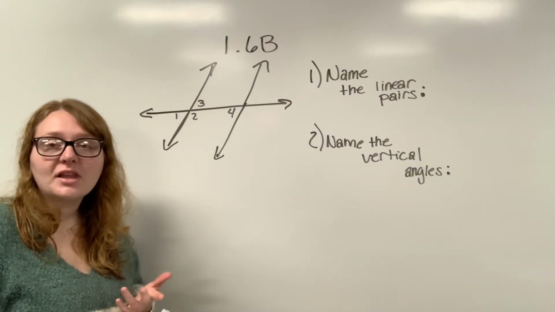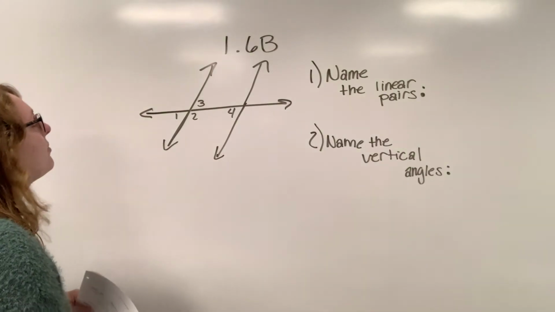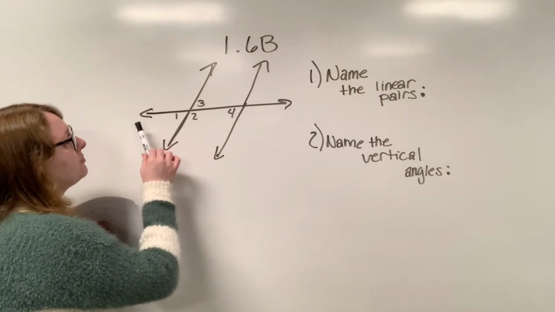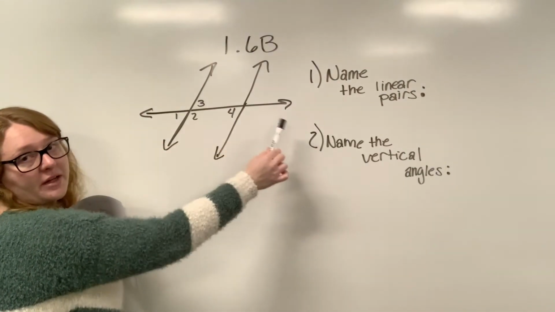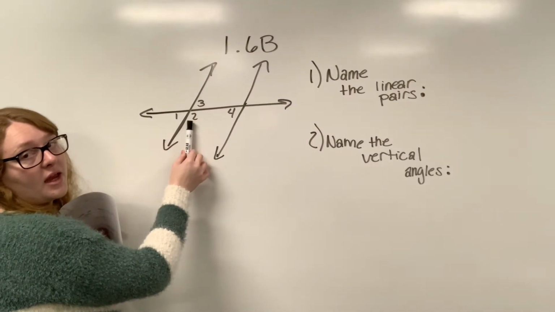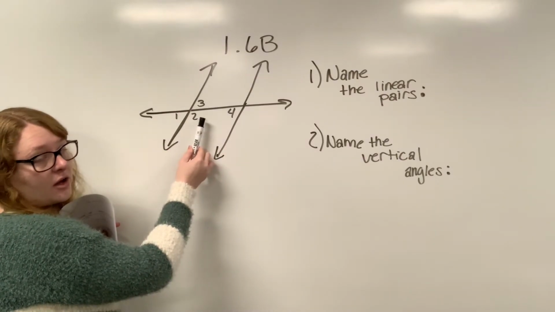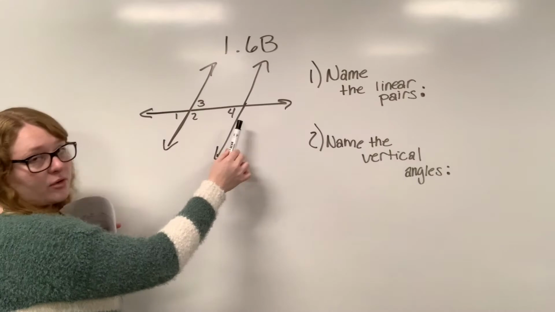So we're looking for lines that create a straight line, all right? So this right here is a straight line. This line going horizontally. Angle 1 and angle 2 are 2 angles that share a side and form a straight line.